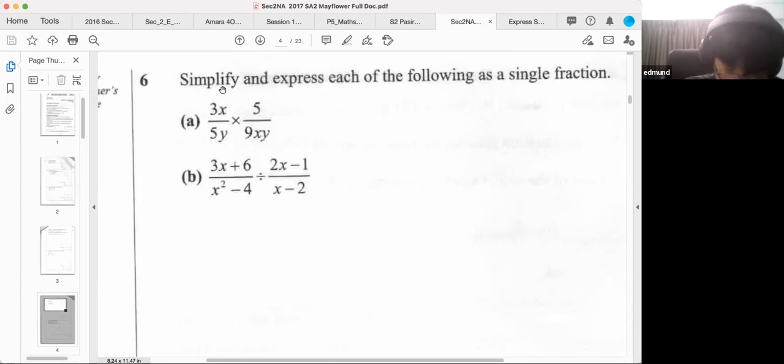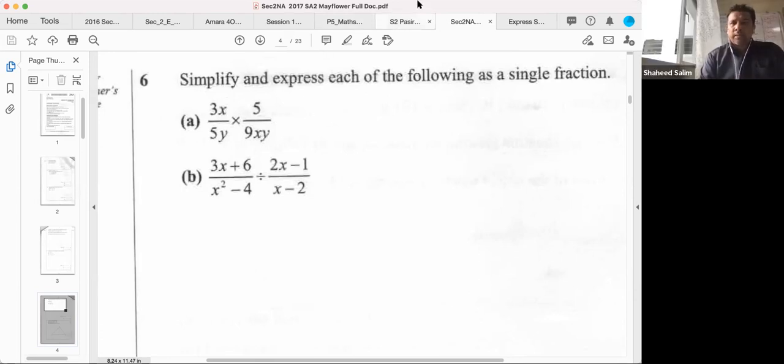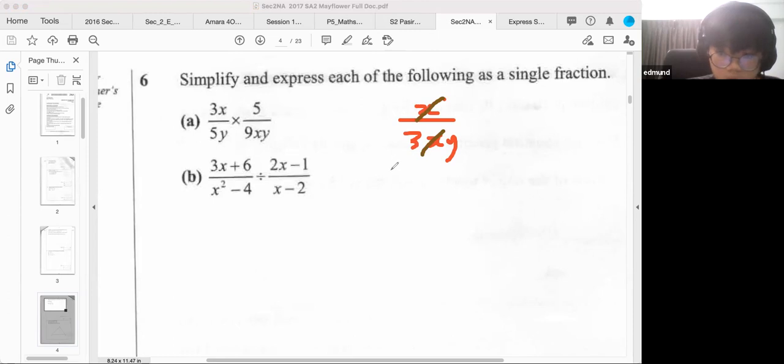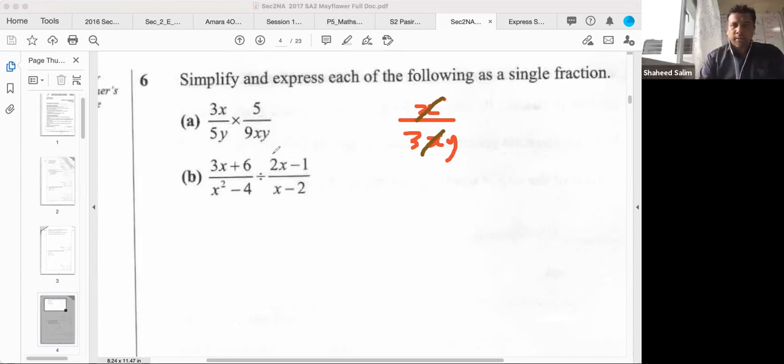x over 3xy. Hold on. x over 3xy. Is that what you're saying? Then there's this x you can cancel again. Edmund, look. This one you can cancel, what? 3, right? Correct. Then what about the y squared?